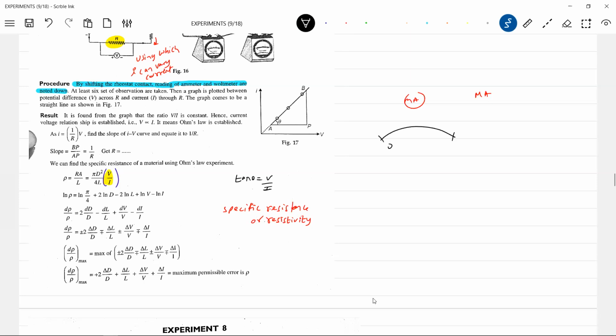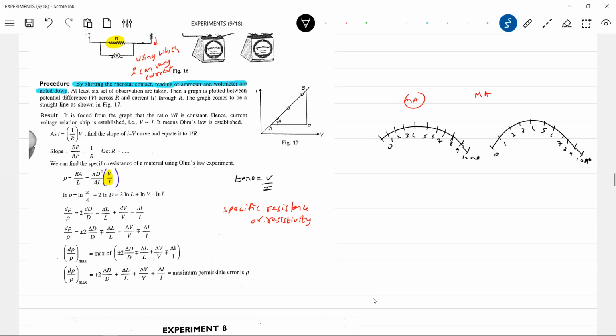The smallest division is 1, 2, 3, 4, 5, 6, 7. Next we have the microammeter, which will be 1, 2, 3, 4, 5, 6, 7, 8, 9, 10 microampere.